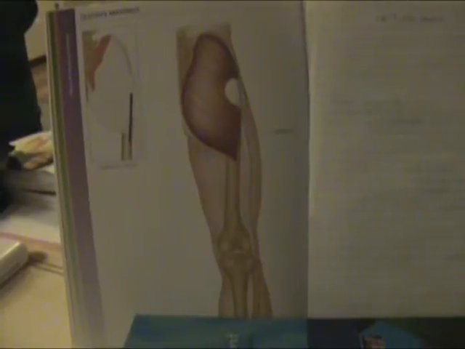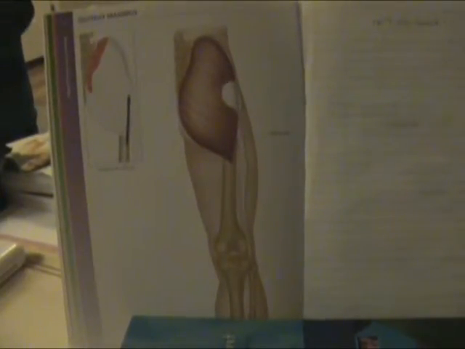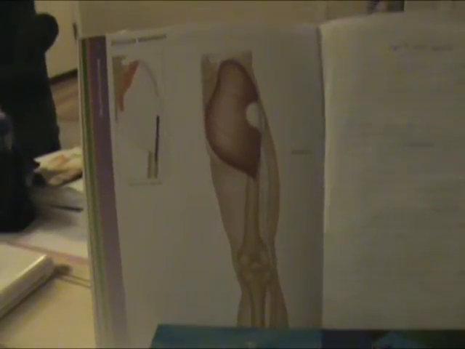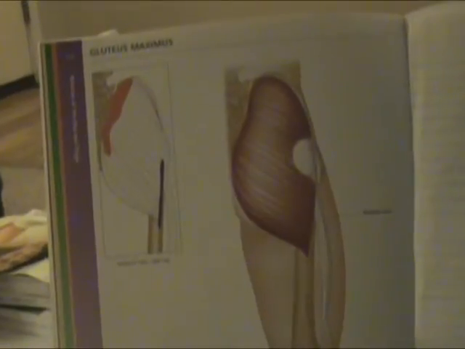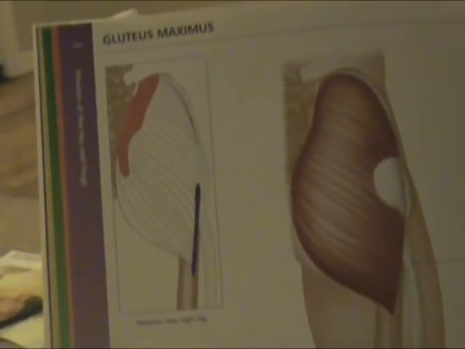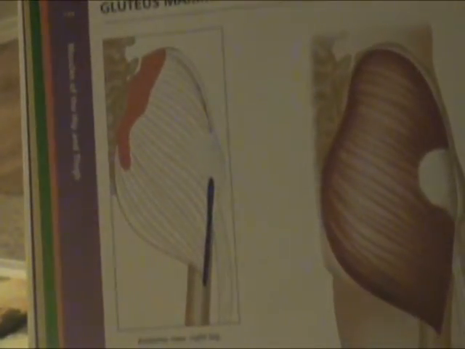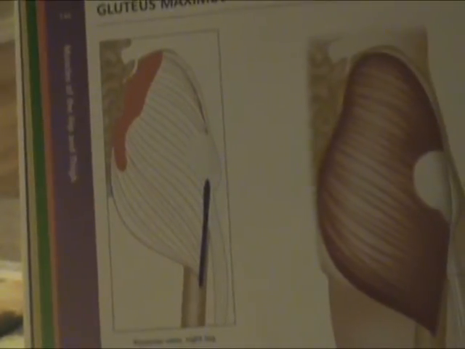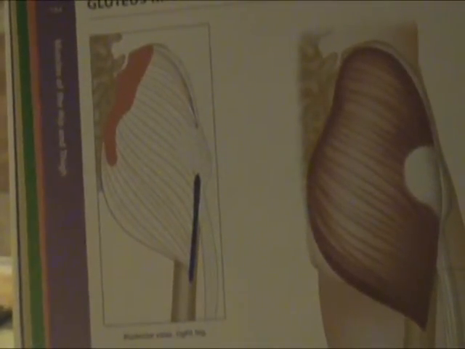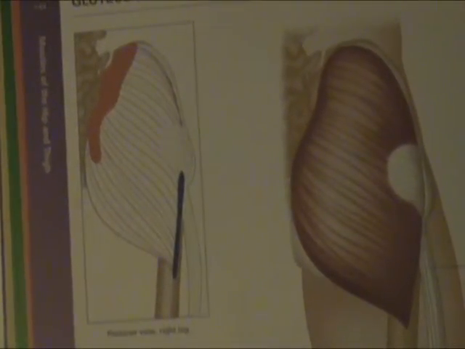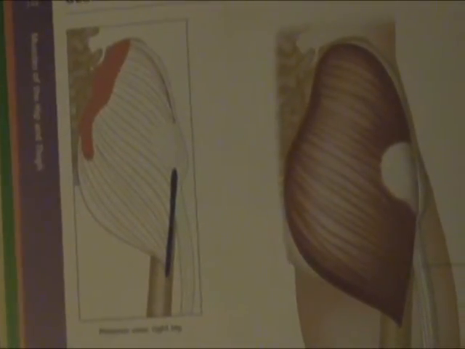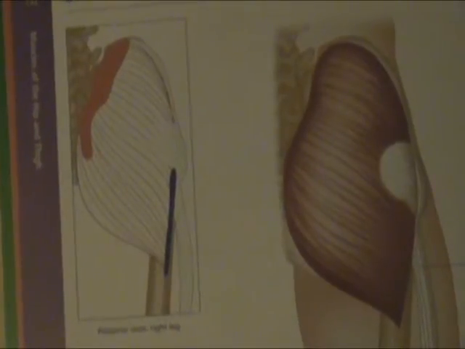Right now we're looking at the gluteus maximus, number 44 on the muscle chart. The origin of the gluteus maximus is the iliac crest, the sacrum, and the coccyx. The insertion is the iliotibial tract of the tensor fascia latae and the gluteal tuberosity of the femur.